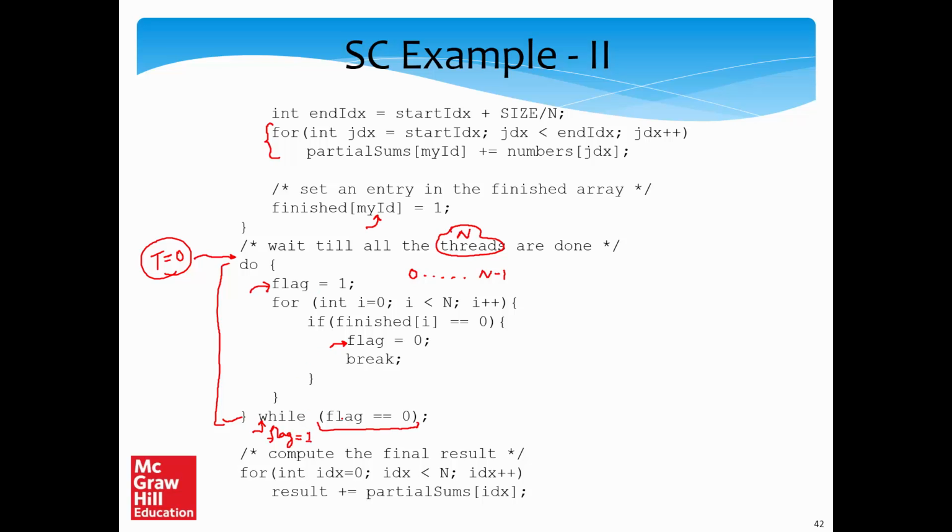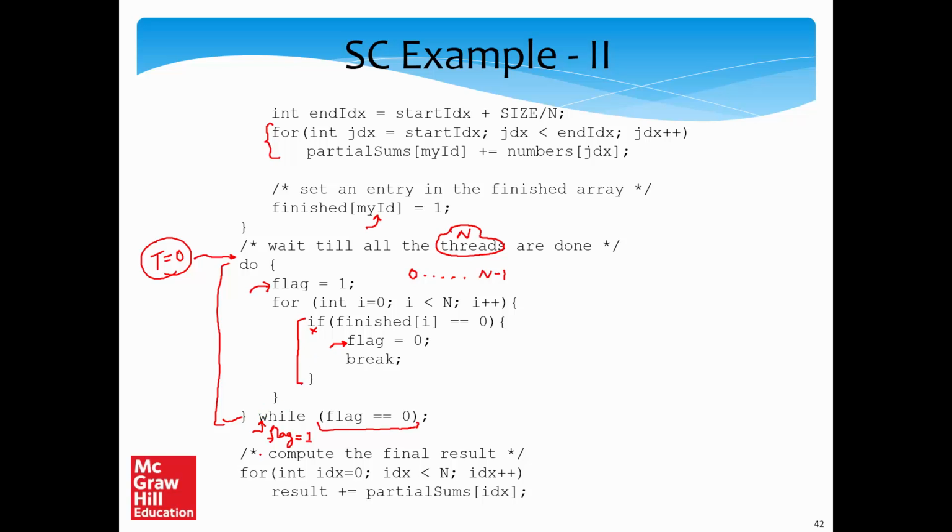So when will flag be set to 1? It will be set to 1 when we never enter this part of the code that sets flag to 0. And we enter this part of the code if for any of the threads finished[i] is 0, or it has not completed. So when all the threads complete, this if statement will always evaluate to false, because all the threads would have finished. So we will not enter this part of the code. While coming here, our flag will be 1.